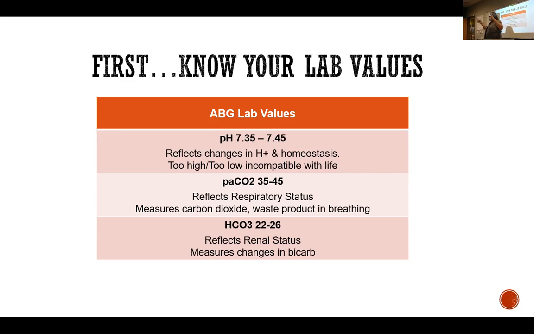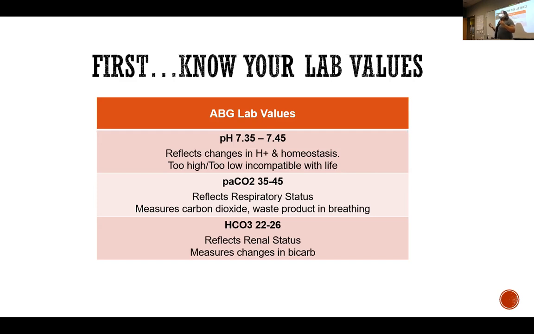I think it's like 21 to 28. We're going to be using 22 to 26, okay? So make sure that these are the lab values that you know. I'll remind you again as we go through class, right? These are the numbers we use on the floor. These are the numbers that I believe NCLEX is using.